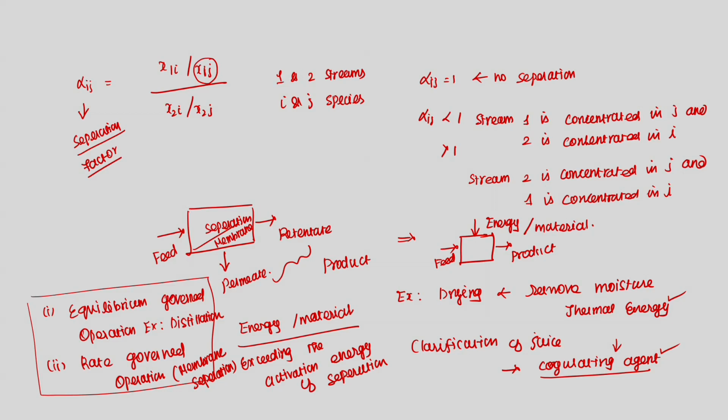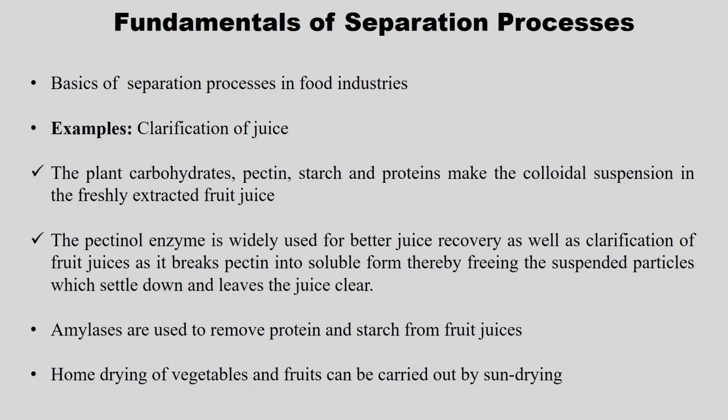So, we will now see the other things: the fundamentals of separation processes and the advanced separation processes, which is what we are going to concentrate on. Here are the fundamentals, the basics of separation processes used in the food industry.